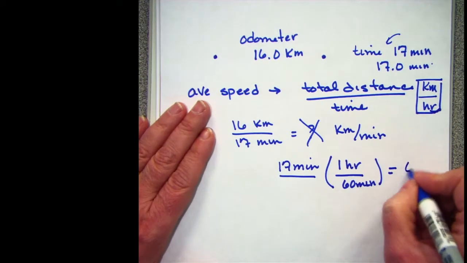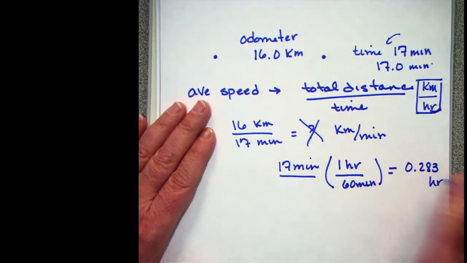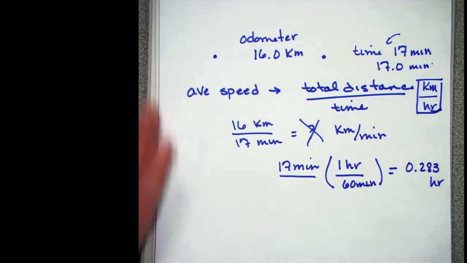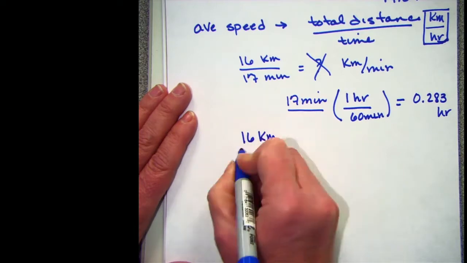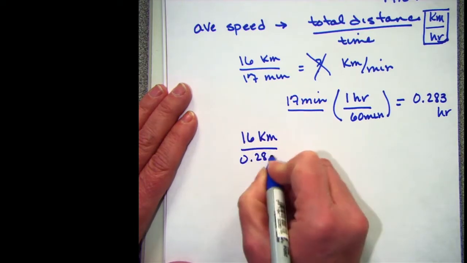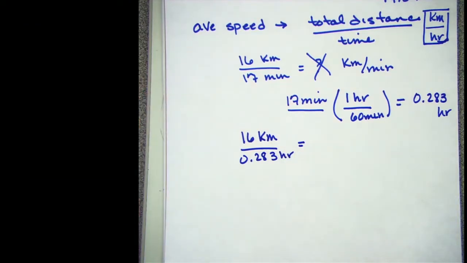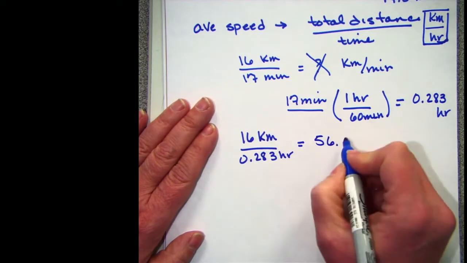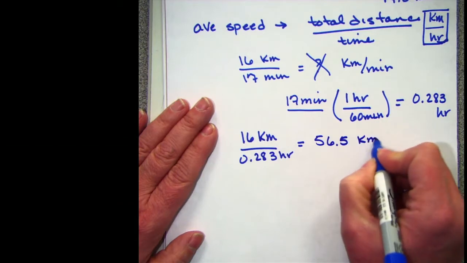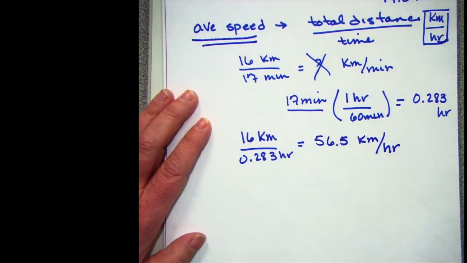It gives you 0.283 hours. So now I take my 16 kilometers and divide it by my 0.283 hours, and I get a value of 56.5 kilometers per hour. That would be my average speed.